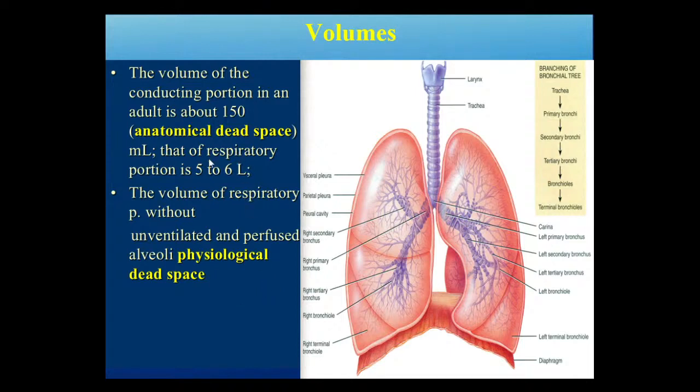So we have two types of dead space: anatomical dead space, because anatomically exchange of gases in this portion cannot occur, and physiological dead space, because in this case we have alveoli where usually gas exchange occurs, but these alveoli can be unventilated or not perfused, and in this case gas exchange does not occur in these alveoli.